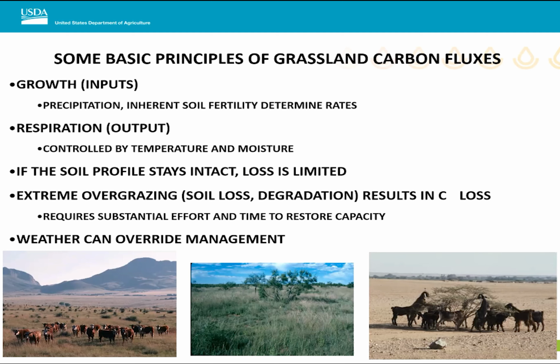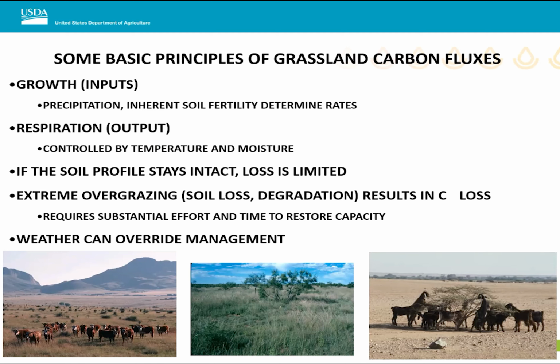In general, if the soil profile stays intact, our loss is limited. If we don't expose what's in the soil to the oxygen in the atmosphere and initiate those chemical reactions, then in general, that carbon will stay in the soil.